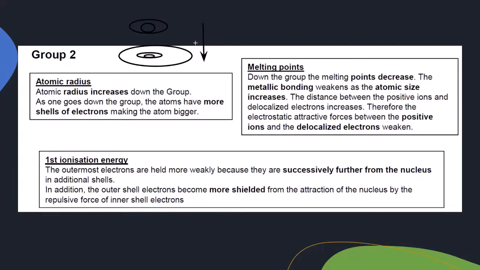So as we go down the group, what we observe is the melting point is decreasing. What is the reason why down the group the melting point is decreasing? As in metals, because group 1, group 2, these are metals. And what is the structure of the metal? They have a lattice of positive ions and the delocalized electrons.